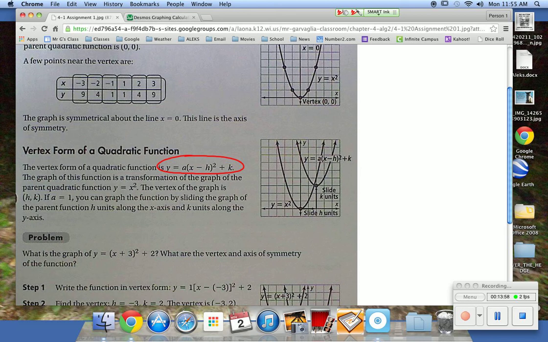This is going to help you find your vertex from a formula without having to draw it out. If I gave you 20 problems and said tell me what the vertex is for each one of them, I'm going to guarantee doing it this way is going to be much easier.